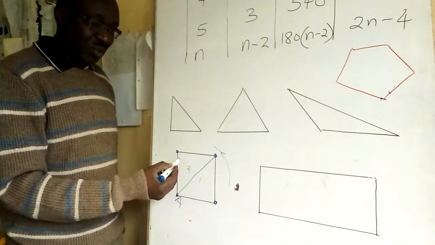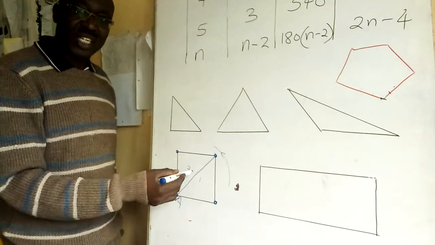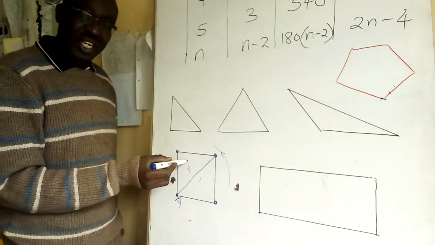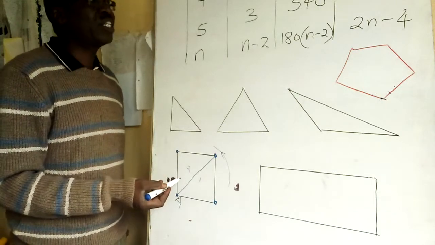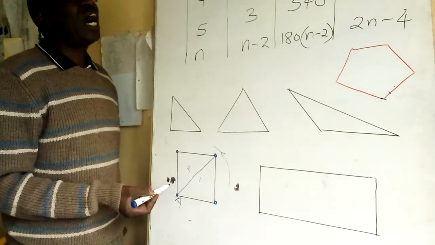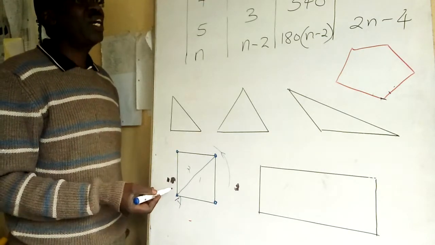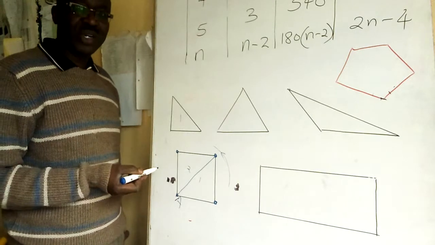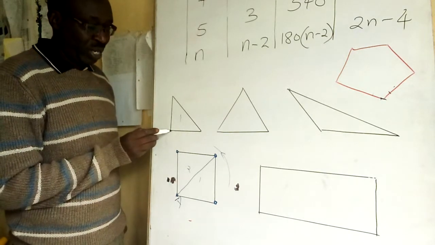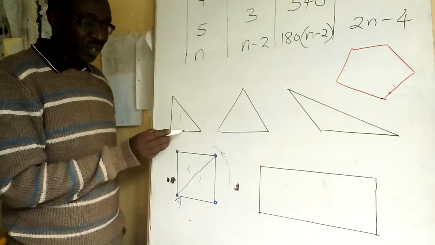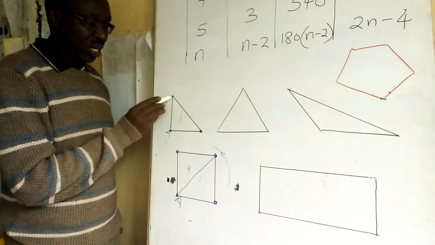If I ask you what is the sum inside here, each triangle is 180, so we have 360. And how many triangles have I formed? 2. Here you cannot form any triangle using my method. If you are here, we call it A. There is this corner and there is this corner.